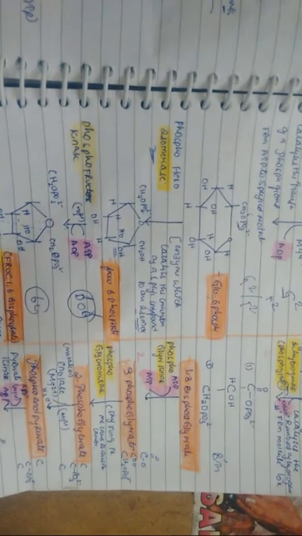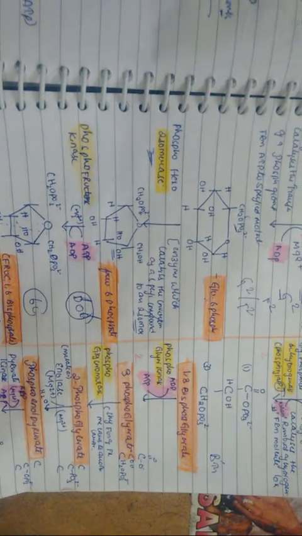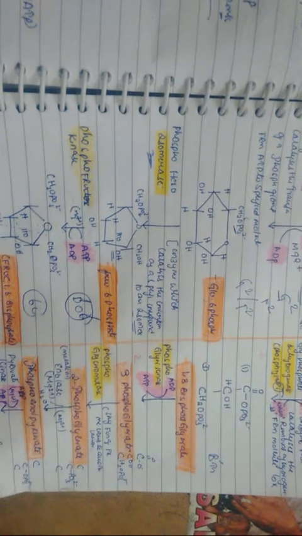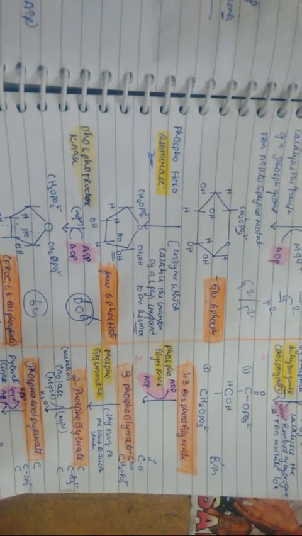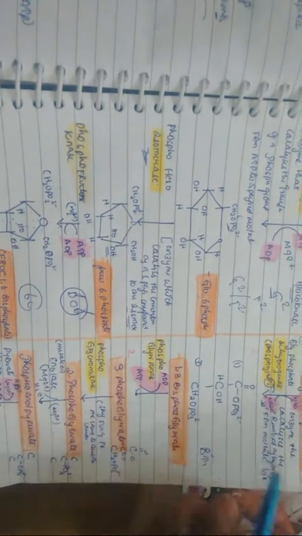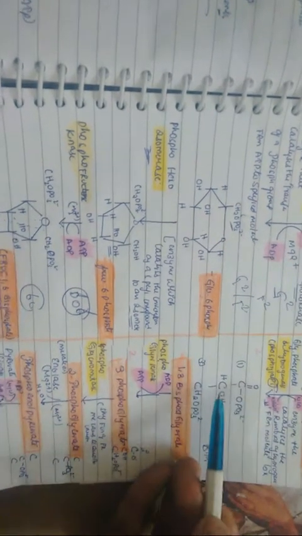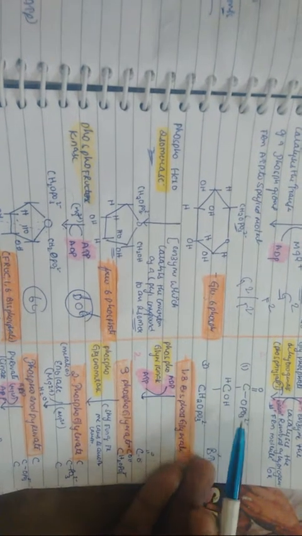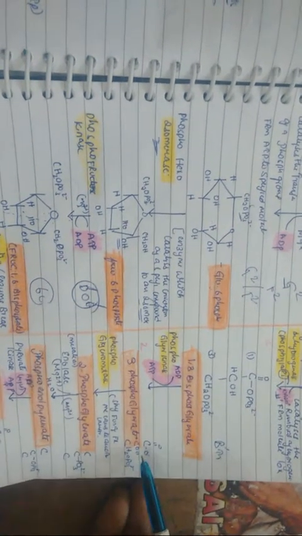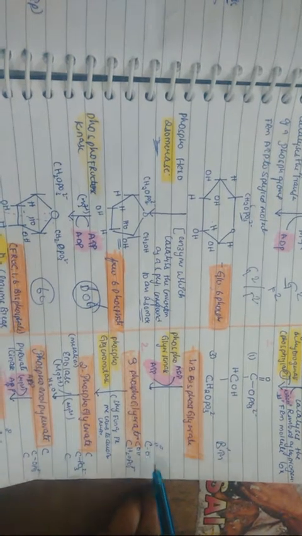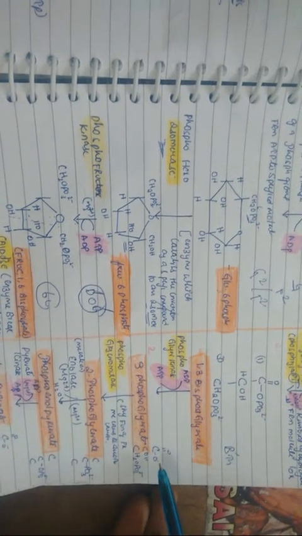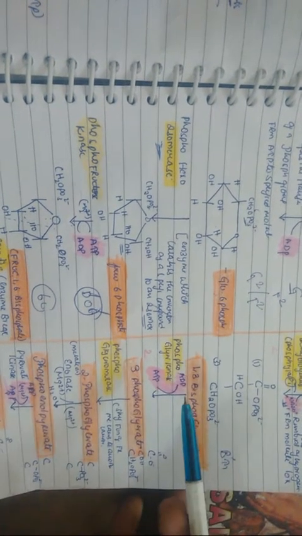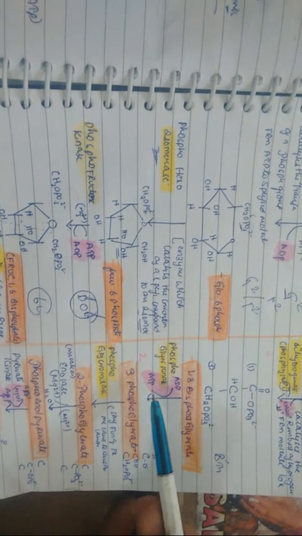So one phosphate is removed. Which phosphate is removed? You can observe the structure here. You have 1, 2, 3, and at the third position you have a phosphate, but there is no phosphate at the first carbon. That phosphate at the first carbon is removed, and ADP is converted into ATP.